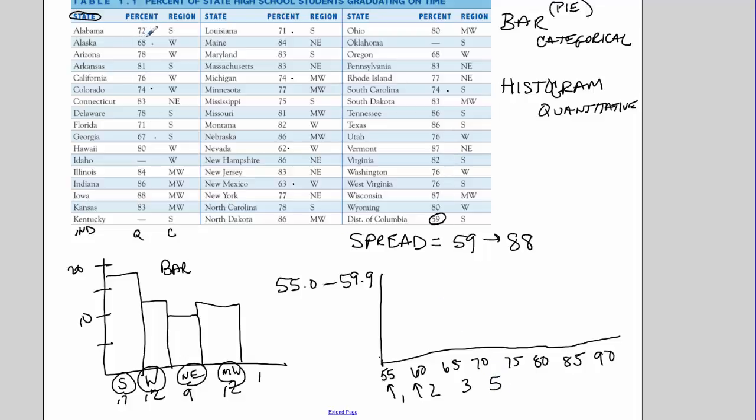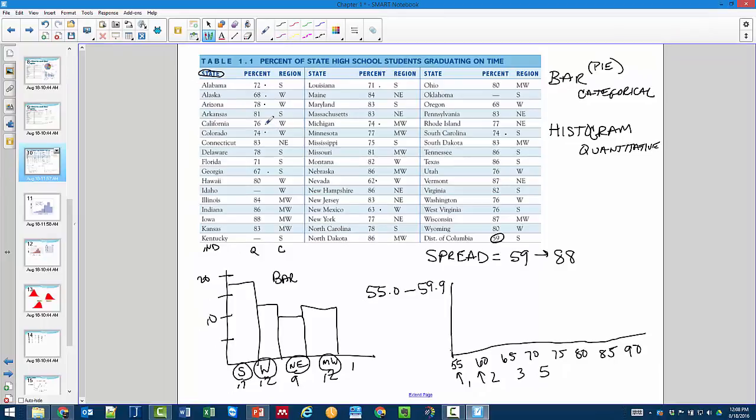Between 75 and 80, 1, 2, 3. I'm not going to include the 80 because remember 80 goes in the next category. So I'm at 3, 4, 5, 6, 7, 8, 9, 10, 11.